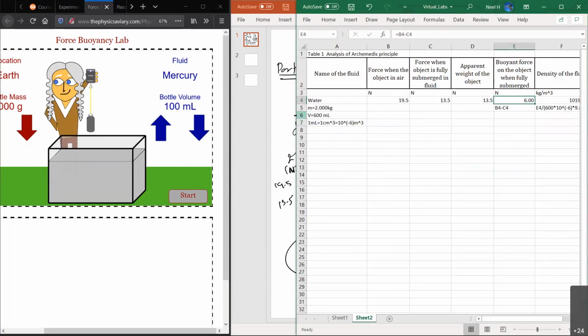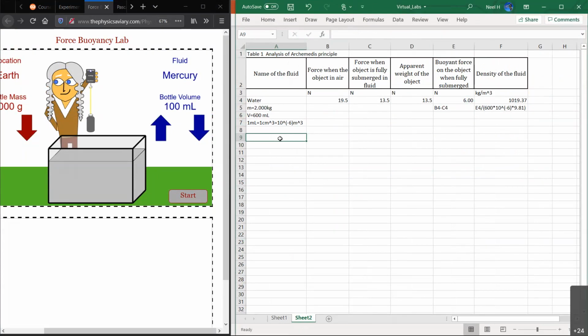So now in the second case, mercury, we keep the same mass, 2.000 kilogram, and the volume we are using is only 100 milliliters, okay? Let's collect the numbers then.